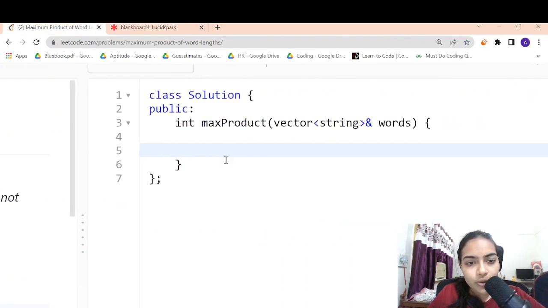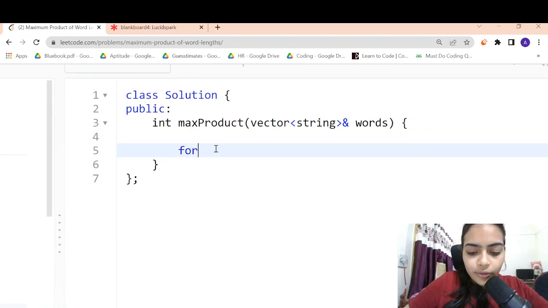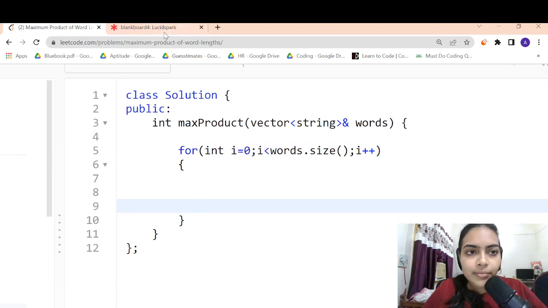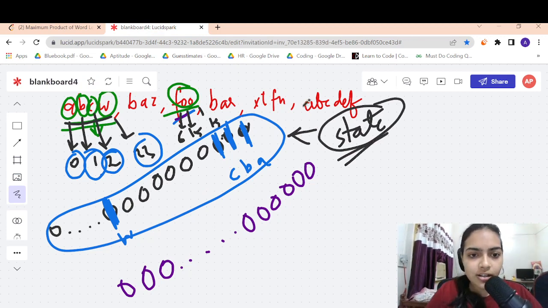Now let's go forward to coding it, right? So what we are going to do is, first of all, iterate over all the words. I am storing this state of the number, right? This is the state of a number, so I can store it in a state array. State array just represents wherever I have the corresponding characters, there I am going to make it 1, and the remaining characters I am going to leave as 0.